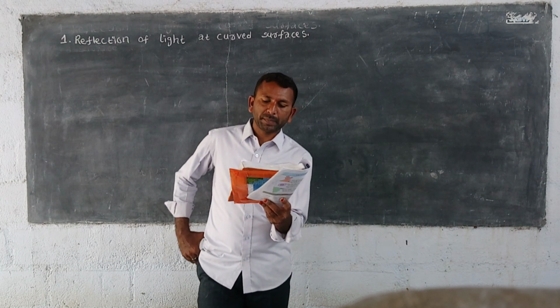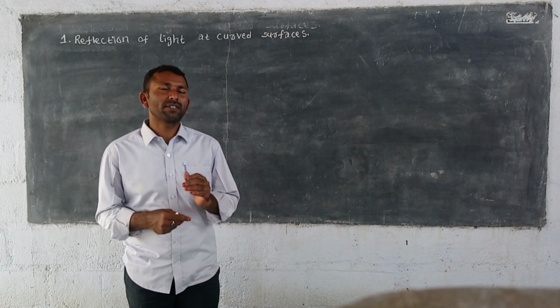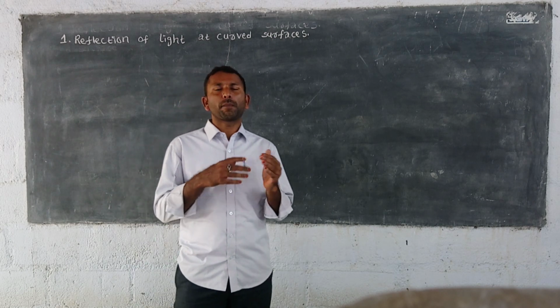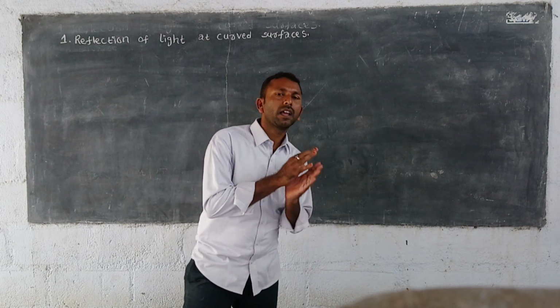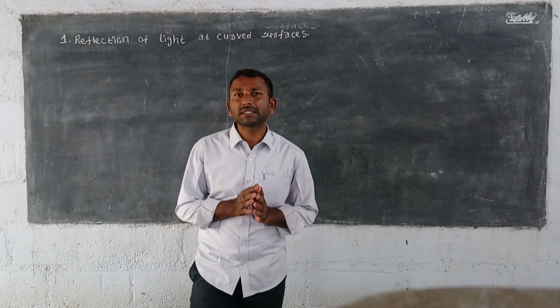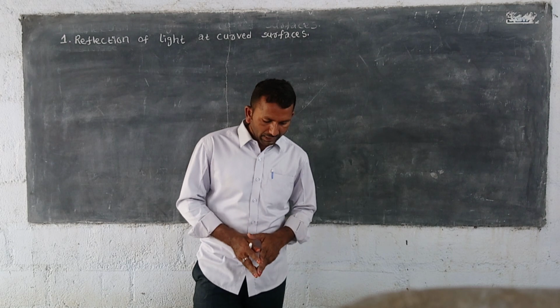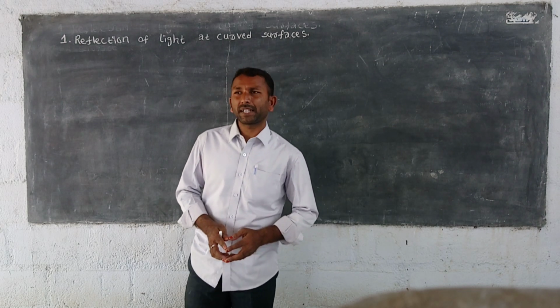Can we see an inverted image in any mirror? Inverted means up and down are interchanged. Up looks like down, down looks like up. Can we see this type of image in any mirrors? Next question: can we focus sunlight at a point using a mirror instead of a magnifying glass?